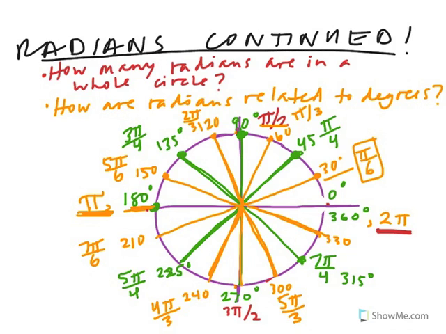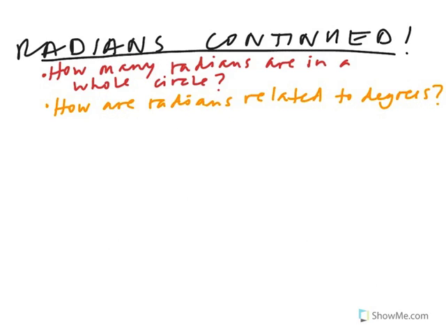And 330 is 11 pi over 6. So again, we're just counting by sixths of pi to figure out what the angles that are multiples of 30 degrees are in radians. So those are all the most important angle measurements in radians.